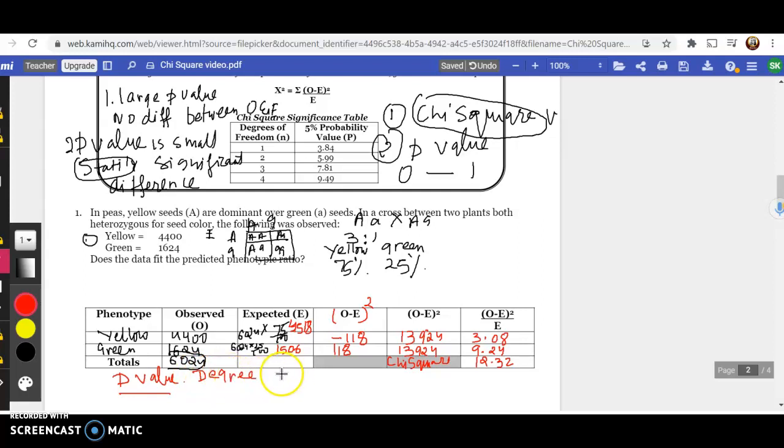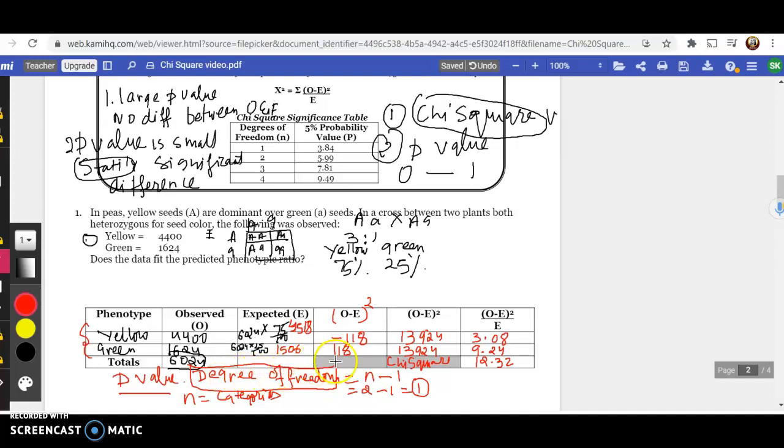So the degree of freedom is calculated by n minus 1. So what is n? N is the number of categories. So how many categories do you have? So here we have two categories, that is yellow and green. So the degree of freedom is going to be 2 minus 1 equals 1. Now this degree of freedom we are going to use to calculate our p-value.